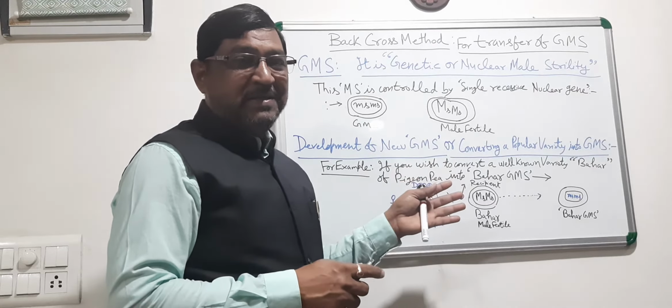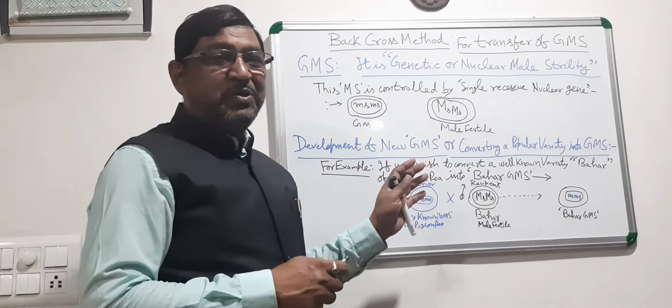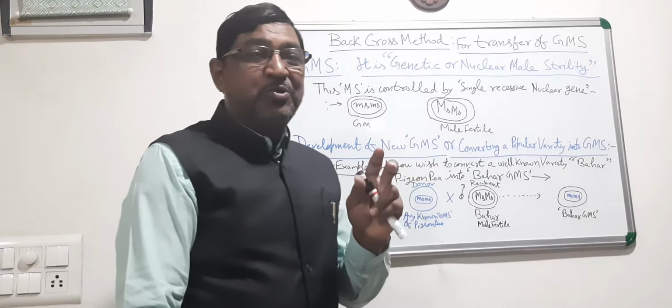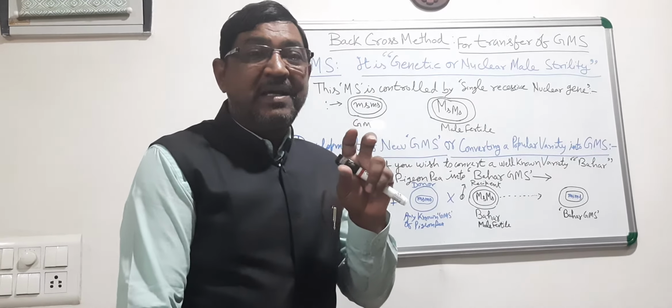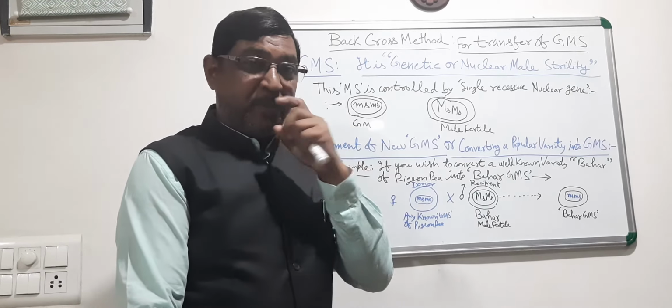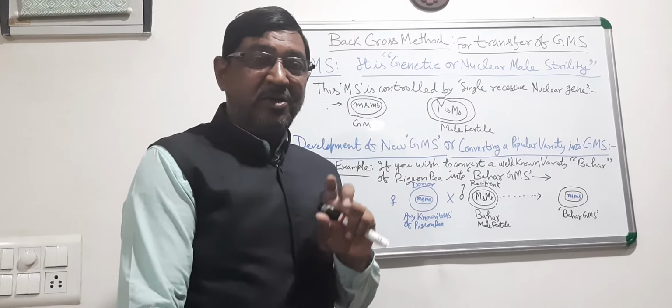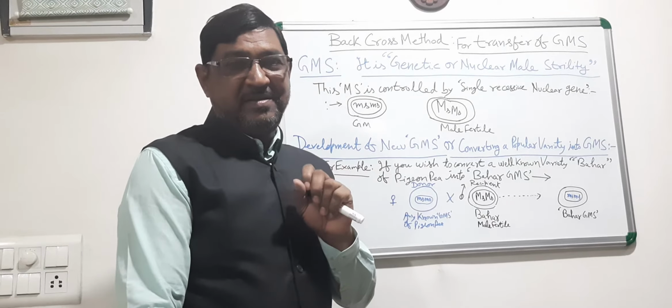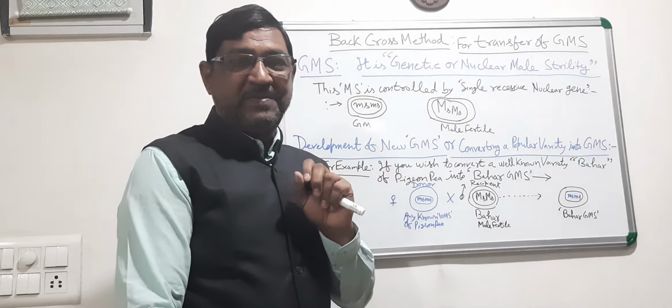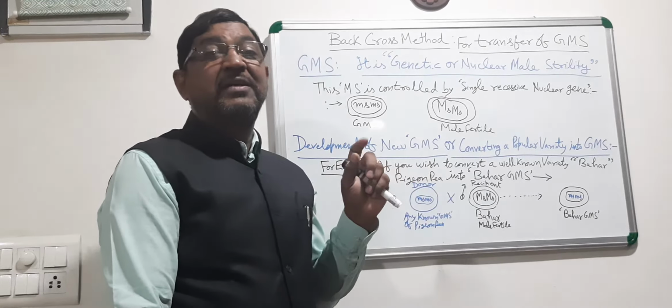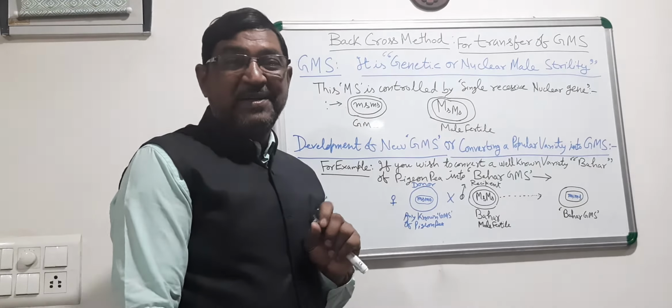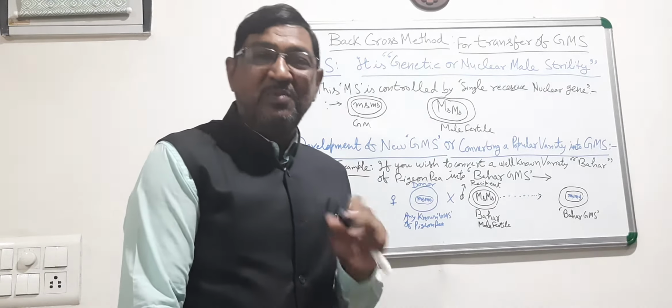You cannot do that because you are going to transfer the male sterility. So you should have a male sterile donor. Whenever you are going for backcrossing, you must have a donor for that particular gene. So the donor is your male sterile, and that will be the female.